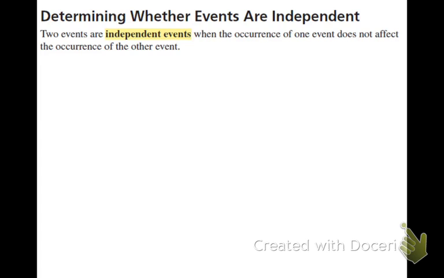Dependent, you want to write down dependent, will be the opposite. So the first event does affect the second event. I'll show you an example. First event does affect the second event. So that means the second event is depending on the first event.